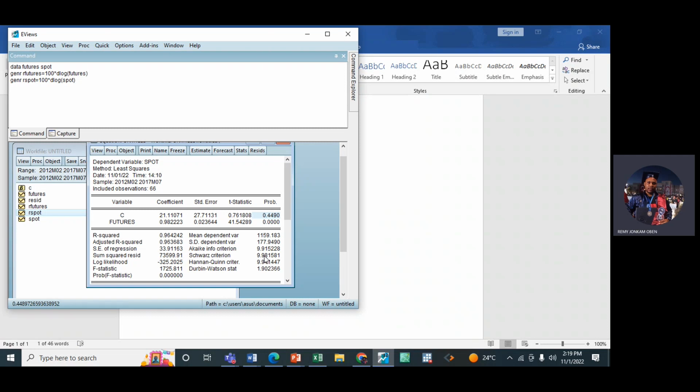Now, when you run a regression and you get this coefficient, our coefficient here is 0.98, right? And we have interpreted it. Before interpreting any coefficient, you have to make sure that this coefficient is statistically significant, which means it is statistically different from 0. If it is insignificant, you don't interpret it. If it is significant, you interpret it.